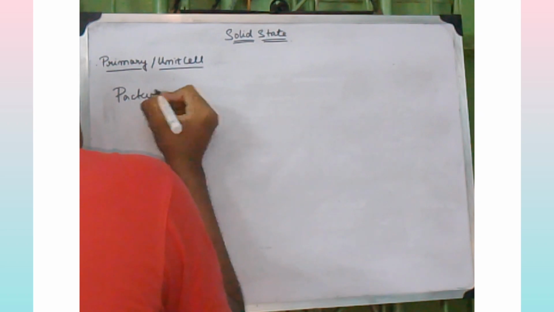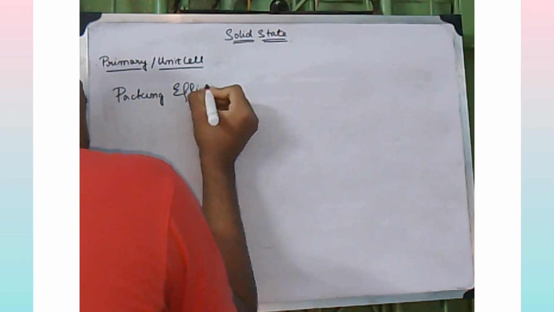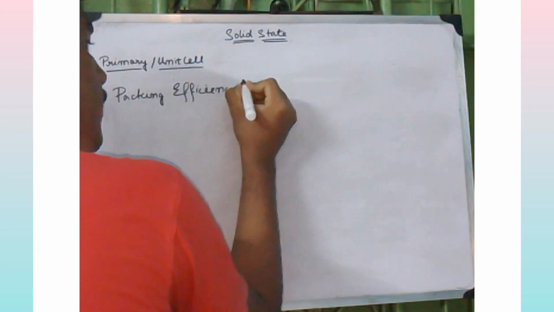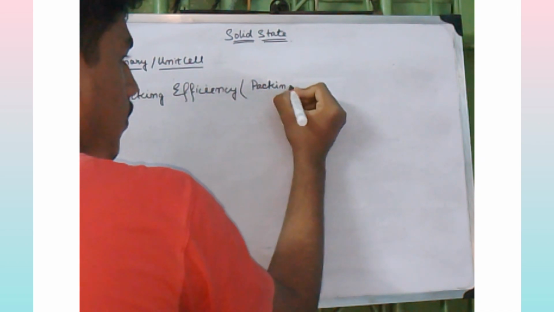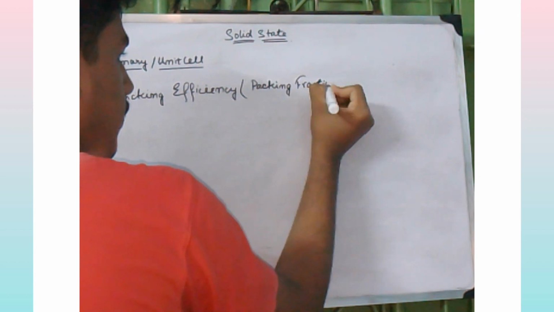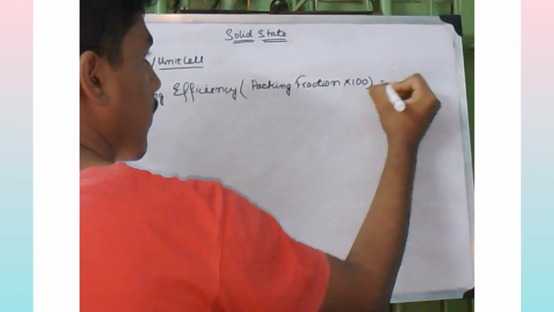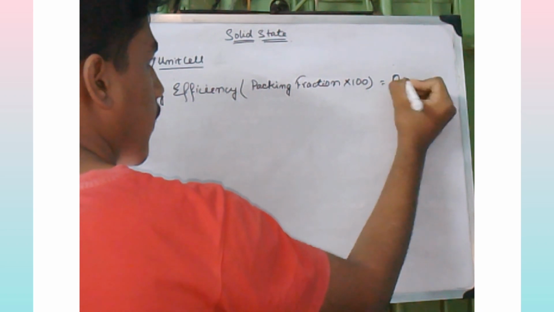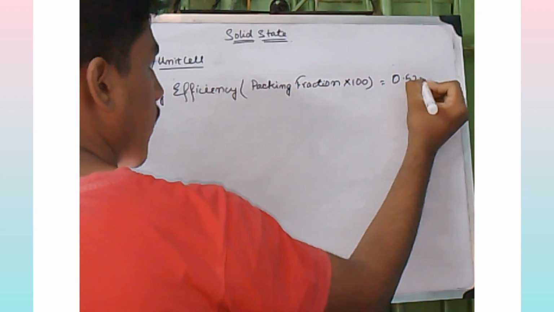In our last case, there is another small formula which is named packing efficiency, which literally means packing fraction into 100, which will result as 0.524 into 100, which will be 52.4 percent.